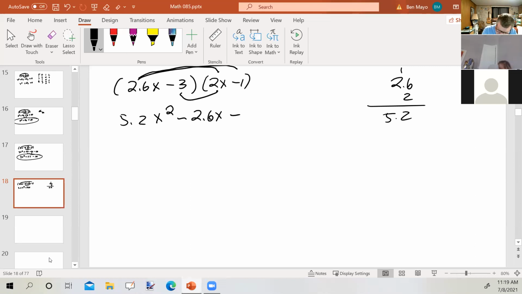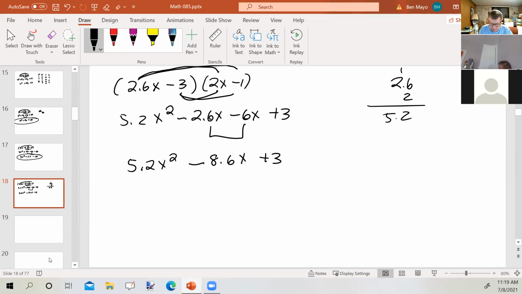Minus 3 times 2x is minus 6x. And minus 3 times minus 1 is plus 3. Combining like terms, 5.2x squared minus 2.6x minus 6x more would be minus 8.6x plus 3.